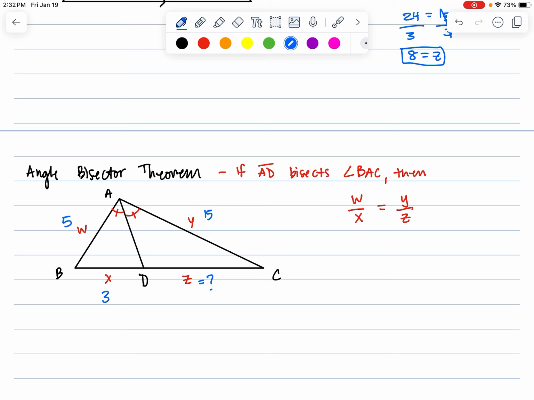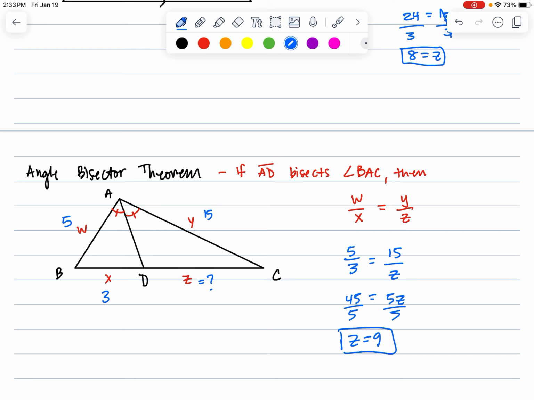Using this theorem, we just place all the pieces according to their values. We do 5 over 3 is equal to 15 over Z, and multiply accordingly. 45 is equal to 5Z, divide by 5, and Z would then be equal to 9. And there you have it. There's the angle bisector theorem.